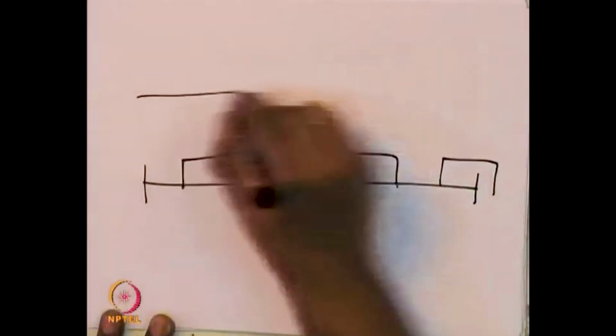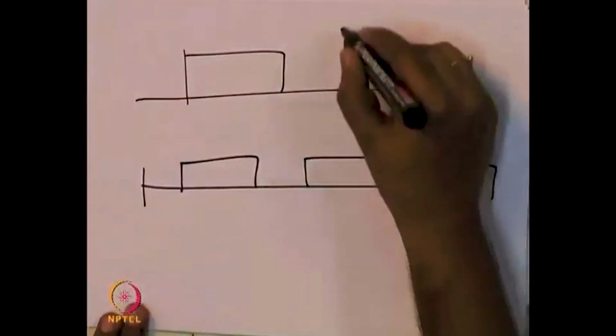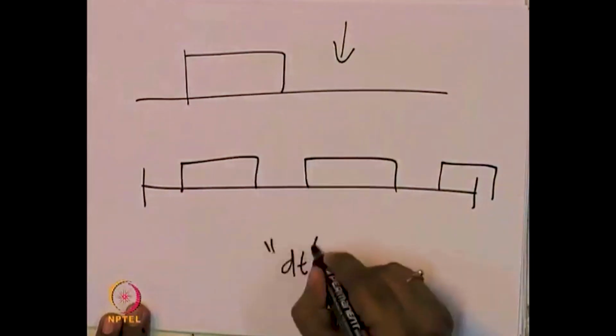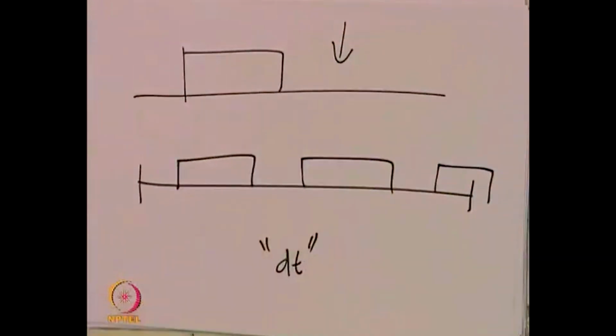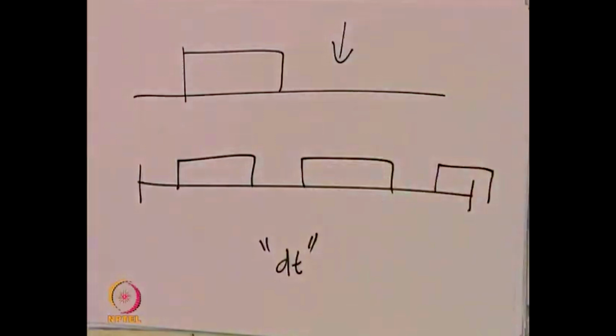So, one protein comes and binds here, how long do you have to wait for the next protein to come and bind? Let us say dt is the time you have to wait for the next binding event to happen. In such a case, typically what will be the distribution of dt?